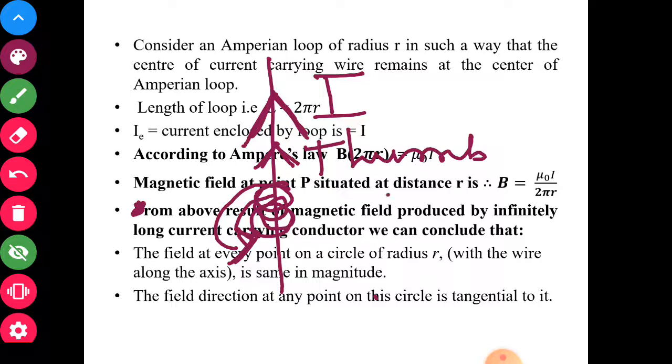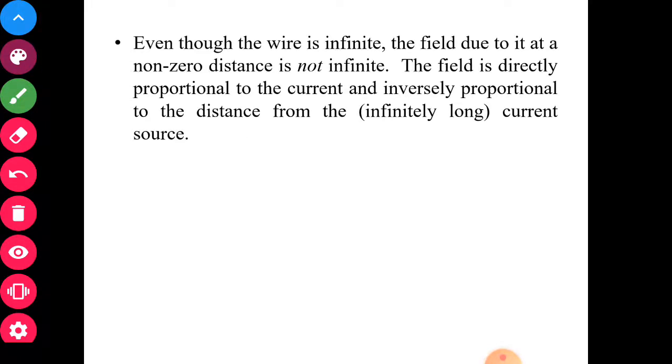If you want to find the magnetic field here, then your fingers are going inside, because the fingers are curled this way. So at this point, the magnetic field is going inside. This way you can find the magnetic field by using the right hand thumb rule.